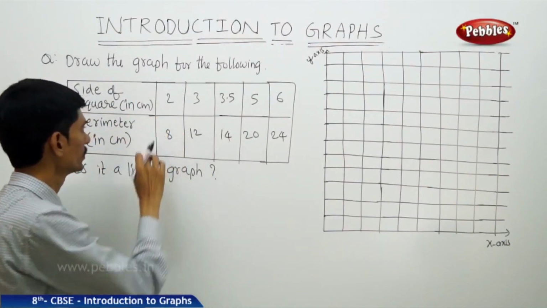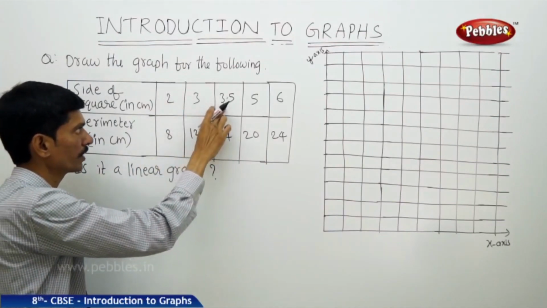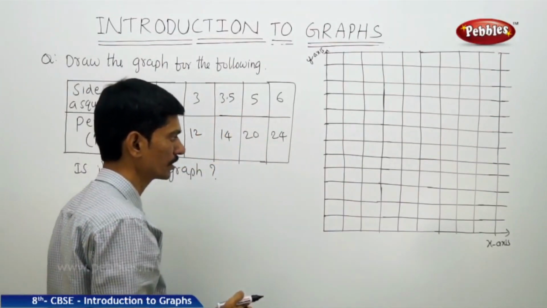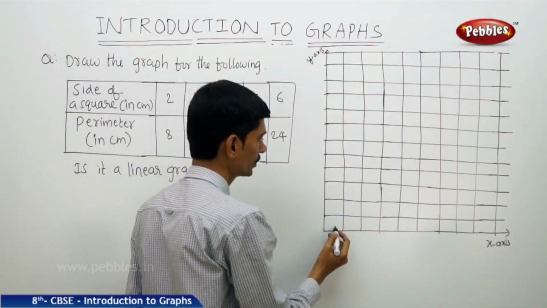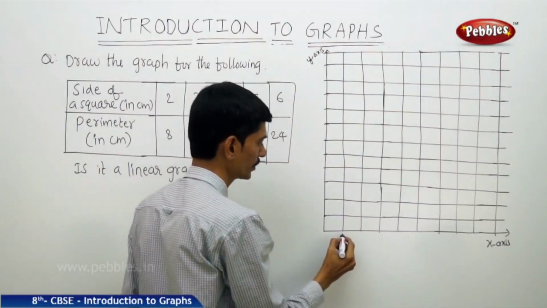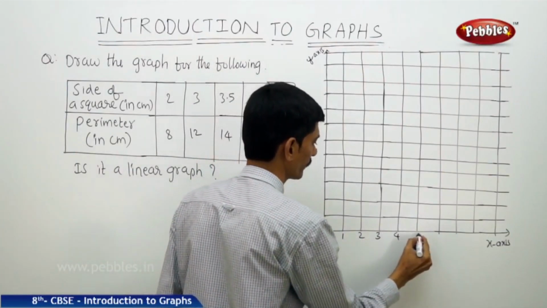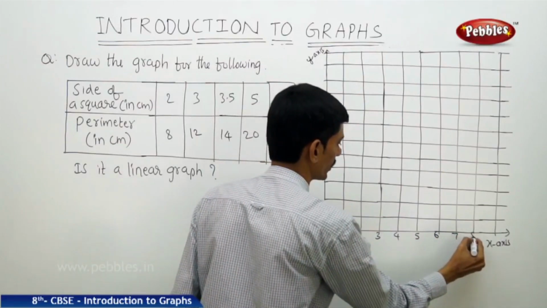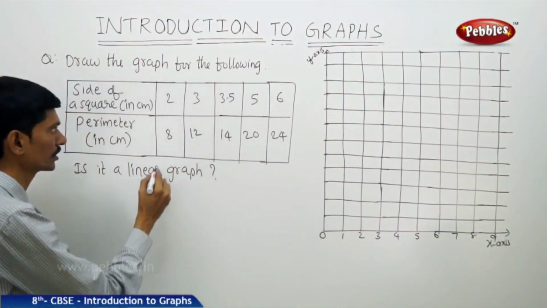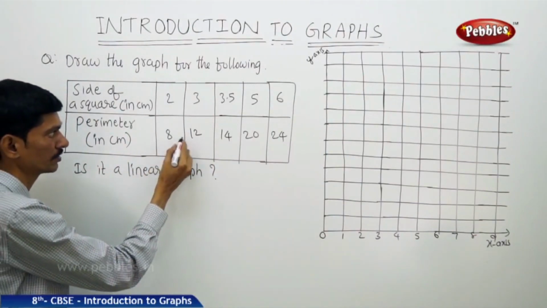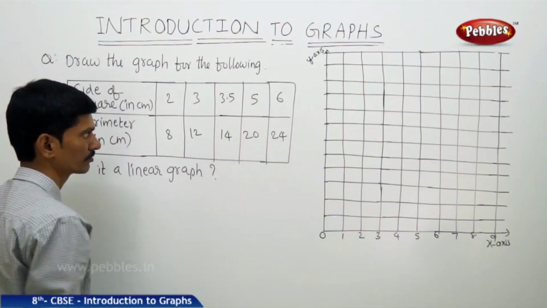So first we will locate the points. For that, if you take the values in the first row, 2, 3, 3.5, 5 and 6, we can take the scale on the x-axis as 1 unit equals 1 centimeter. So we can take 1, 2, 3, 4, 5, 6, 7, 8, 9. And if you take the second row of the table, these values are 8, 12, 14, 20 and 24. So the maximum value is 24.